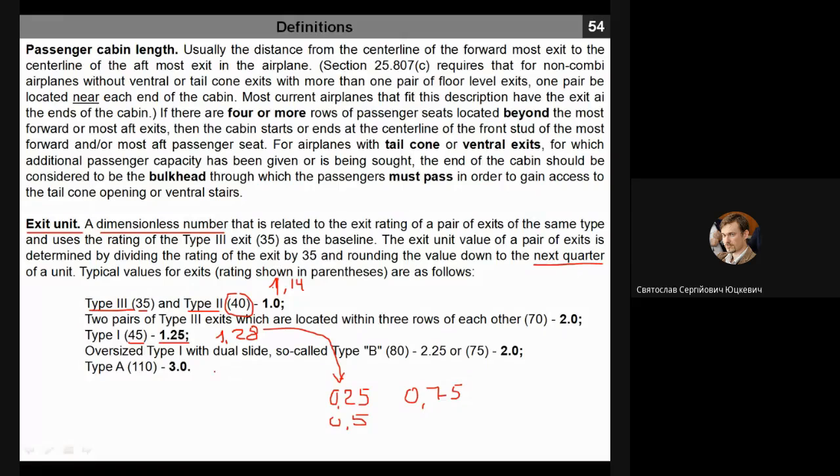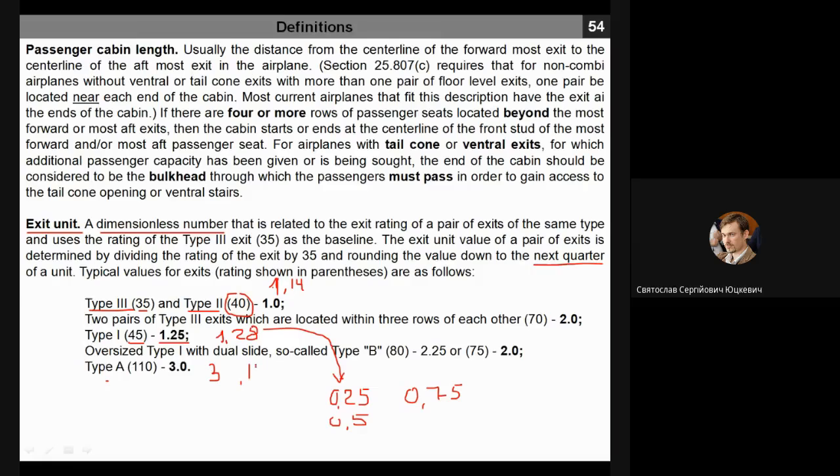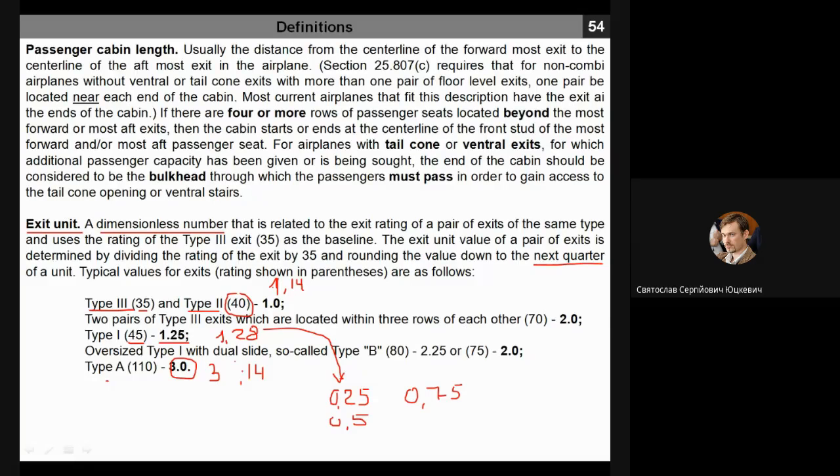For type A, here it will be 3.14, and we will round down it to 3.0. What else? This it will be the typical rounding of the units.